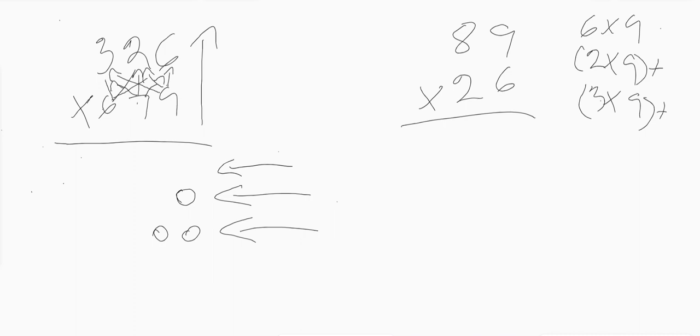So 6 times 9 is going to be 54. I know this. I know you need to work it out. Grab a calculator, test it. It's going to be 54.